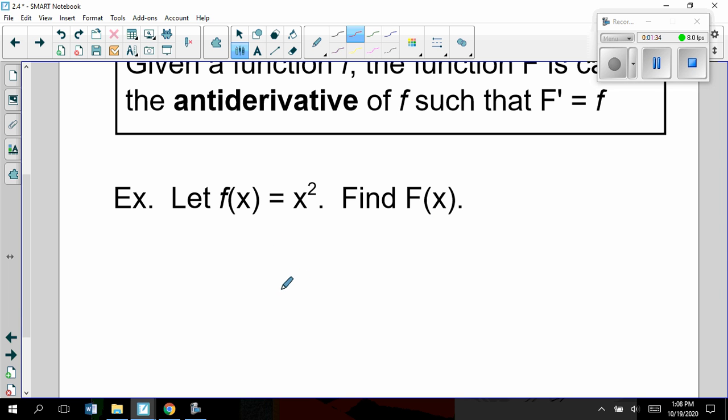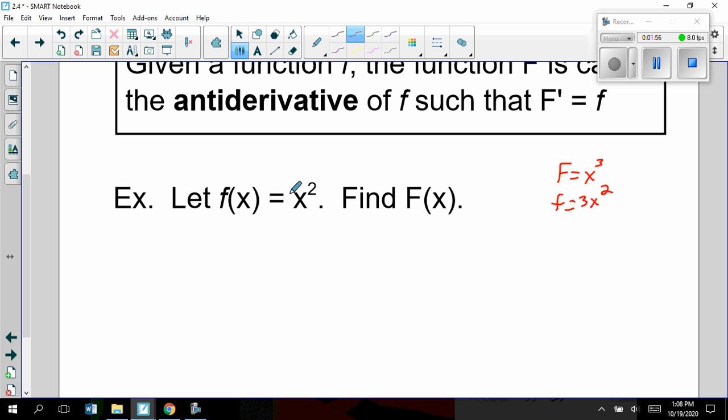So just thinking, we know our power rule. So I know that if this is squared, the thing that I took a derivative of to get this had to be cubed. What's different is the idea of the constant. Because if I had x cubed, we'll say that was capital F, that means little f would be 3x squared.